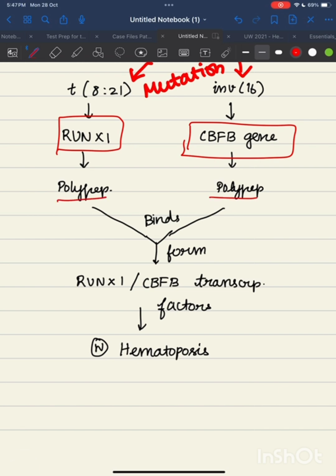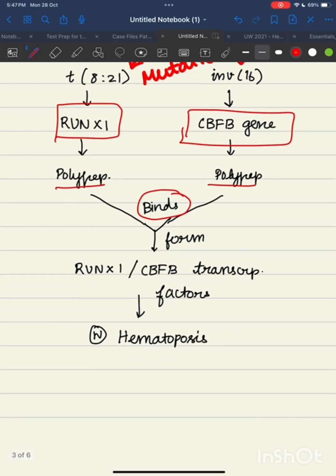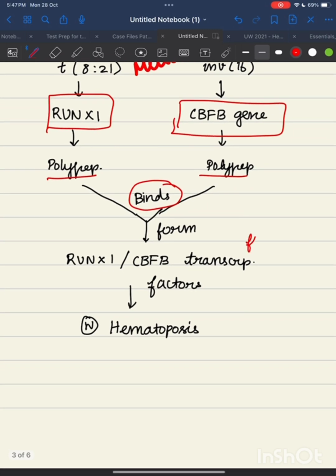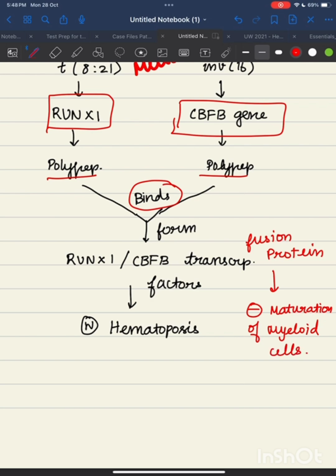So both abnormal polypeptides bind and form a fusion protein that blocks maturation of myeloid cells. This is one thing.